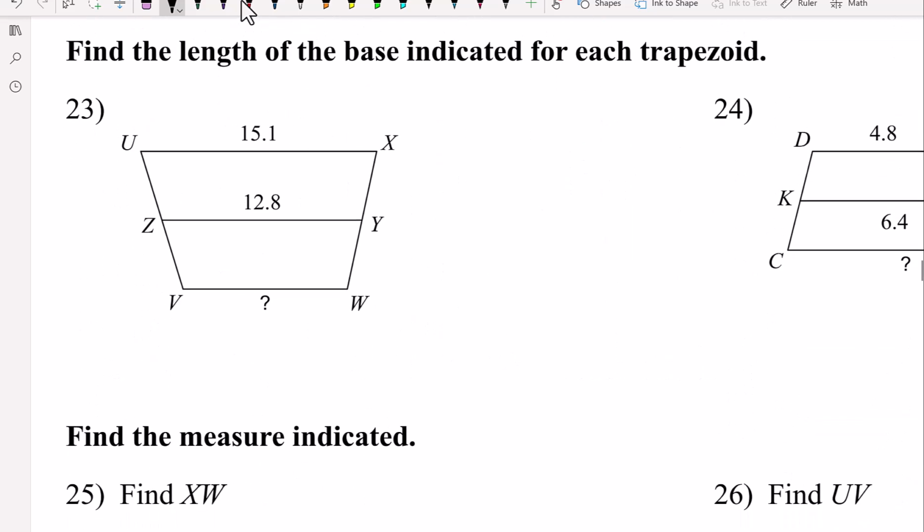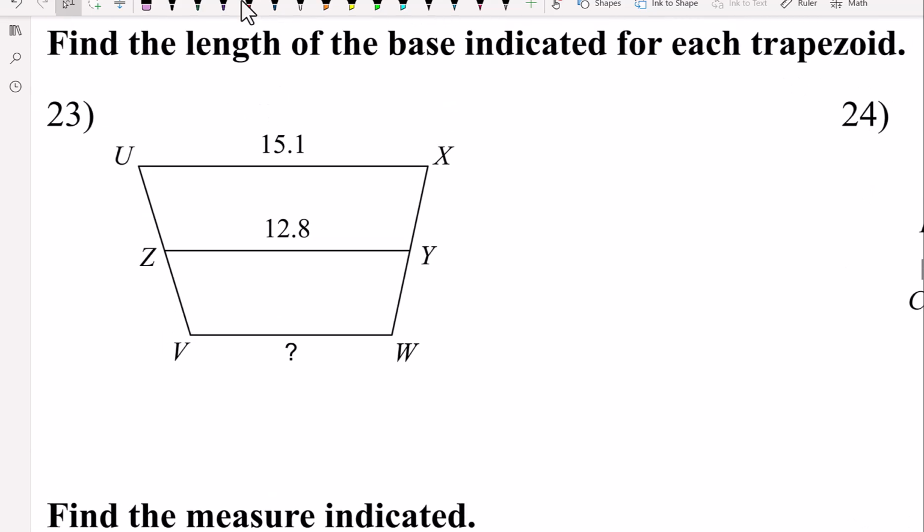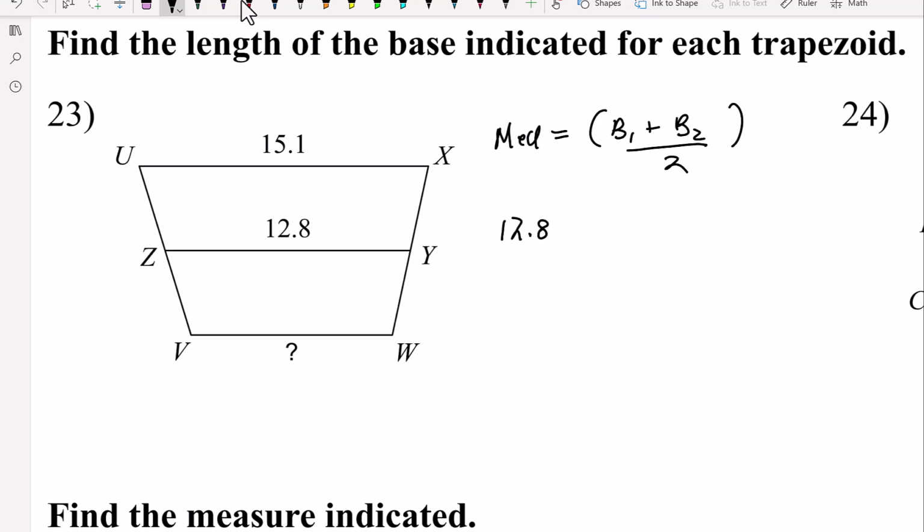Okay. Now, when you get to ones where you know this, remember the formula is the median is base 1 plus base 2 divided by 2. Well, in this case, we know the median. We know base 1. We don't know base 2, so you could put an X or a question mark.